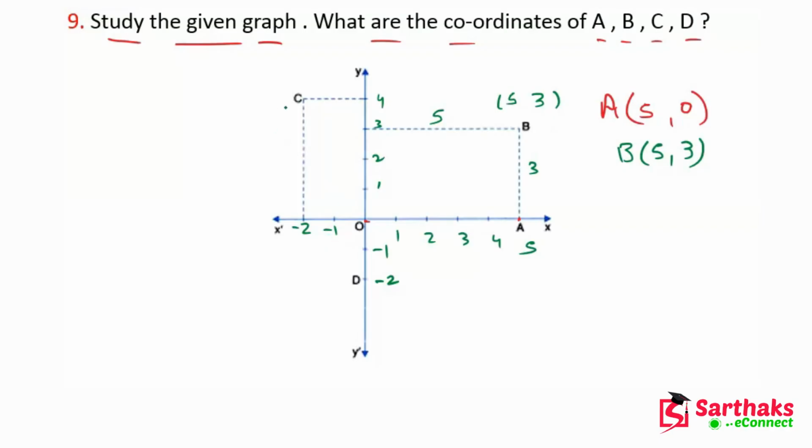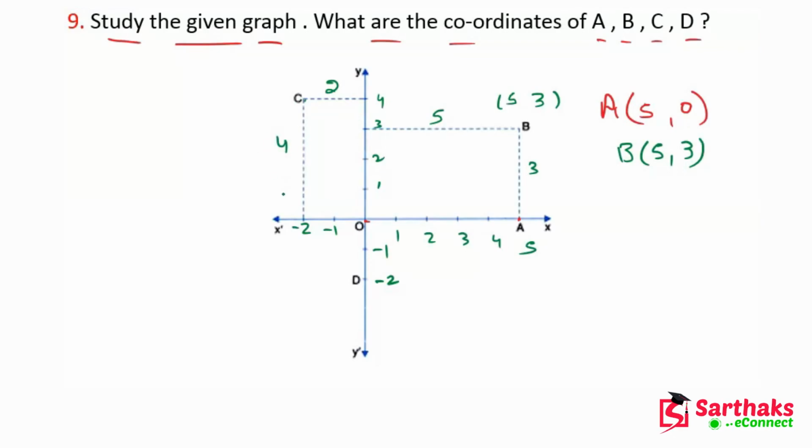Now we have to find the coordinates of point C. The perpendicular distance between point C and the y-axis is 2, and the perpendicular distance between point C and the x-axis is 4.